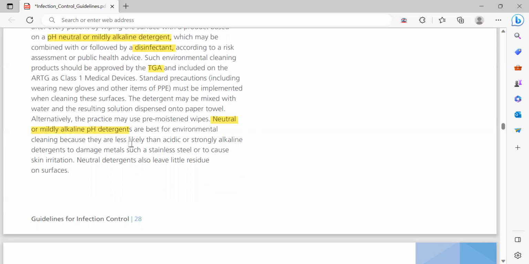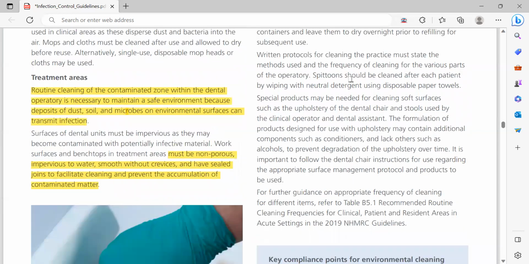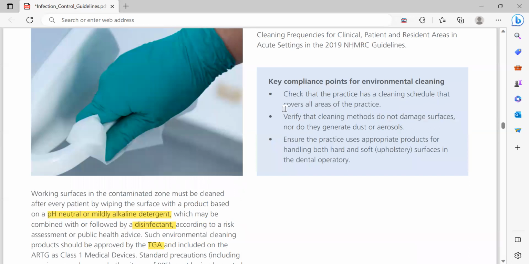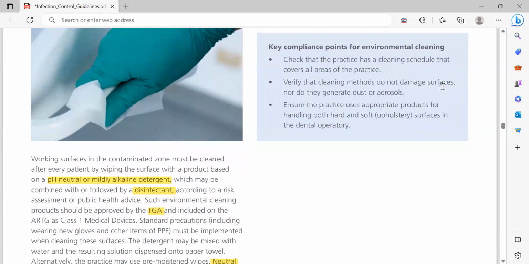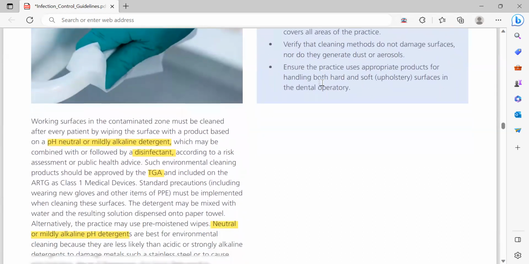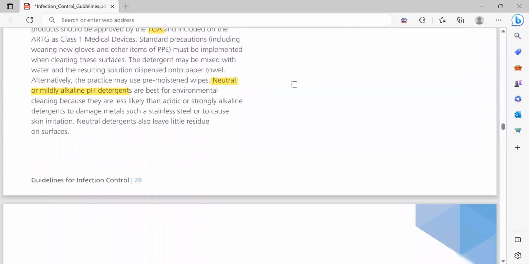Neutral or mildly alkaline pH detergents are the best. Then written protocols. Okay, so check the practice has a cleaning schedule. Then verify that cleaning methods do not damage surfaces nor generate dust or aerosols. Ensure the practice uses appropriate products for handling both hard and soft surfaces.